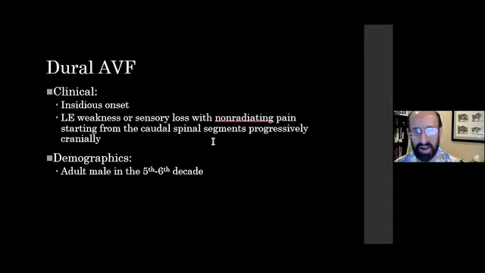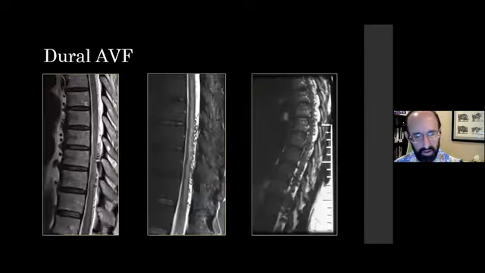And it's a progressive subacute presentation with lower extremity weakness and ultimately some element of potentially urinary incontinence. What we see for dural AV fistulas is the enlarged veins, typically on the posterior aspect of the thoracolumbar junction, associated with abnormal signal intensity within the spinal cord, which is thought to be secondary to the venous congestion from the AV fistula.